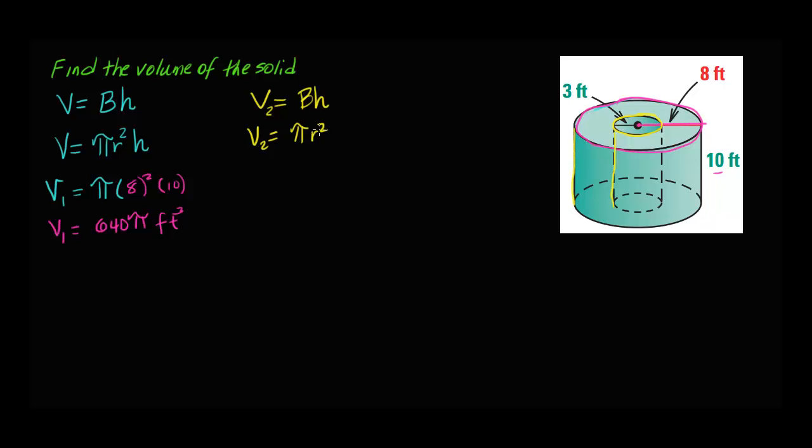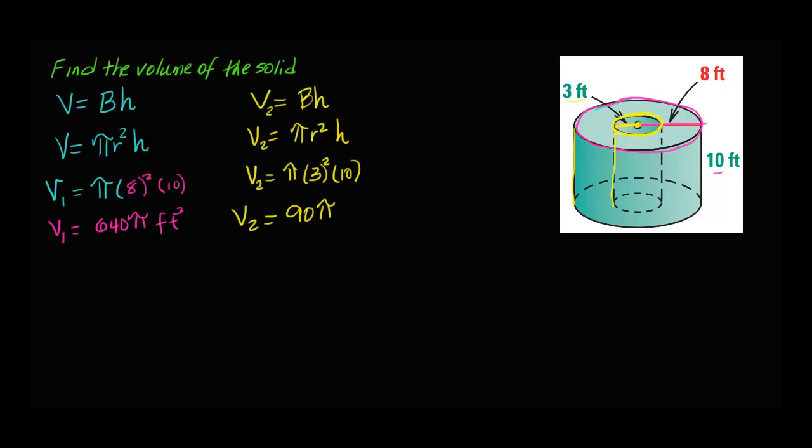They stand at the same height, times h. So volume of the second cylinder would be pi times radius squared. Now this radius, we have to consider the radius of the small circle here, and it's showing you that from the center to the outer edge right here, there is a radius of 3 feet. So 3 squared times the height, which is 10. Volume 2 will give you 90 pi. When you multiply 3 squared, which is 9, times 10, you get 90 pi.